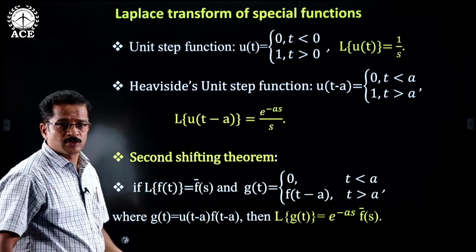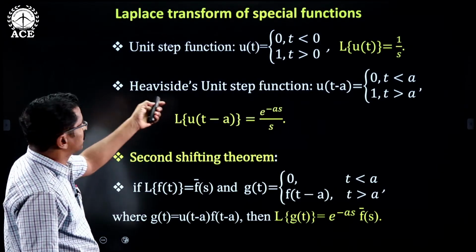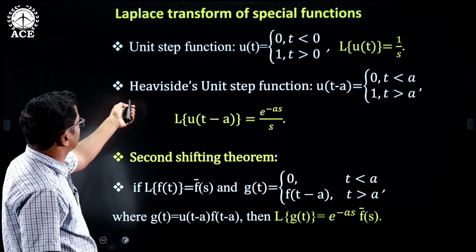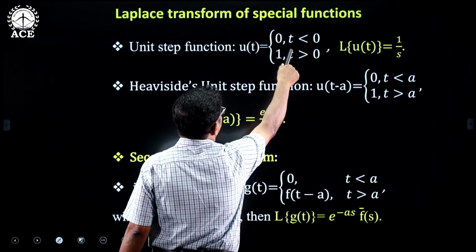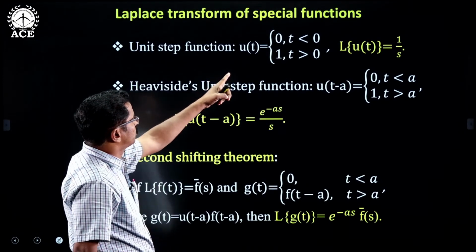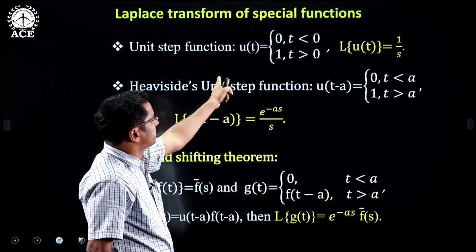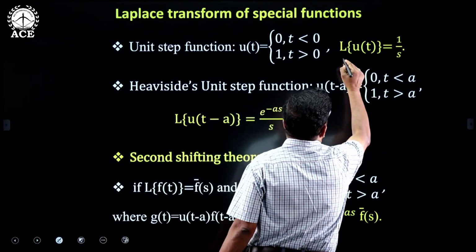Next, Laplace transform of special functions. The unit step function is defined as 0 for t less than 0, and for t greater than 0 the unit step function is 1, whose Laplace transform is 1 by s.